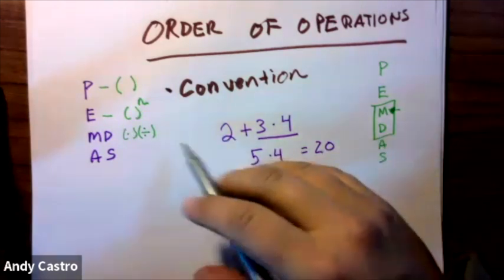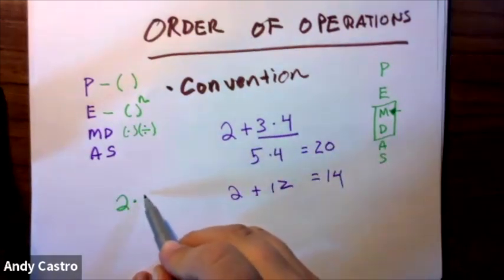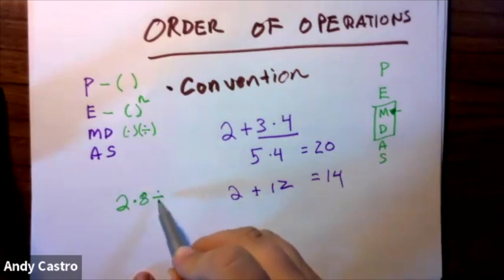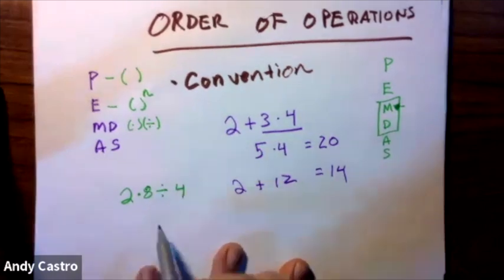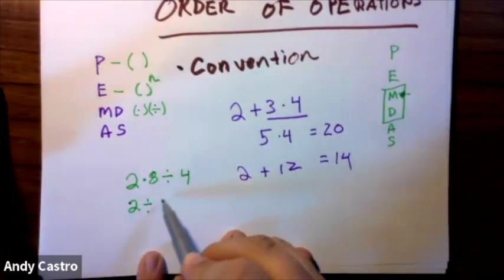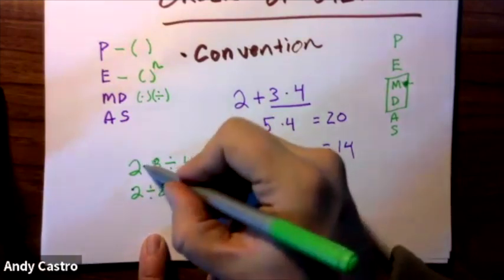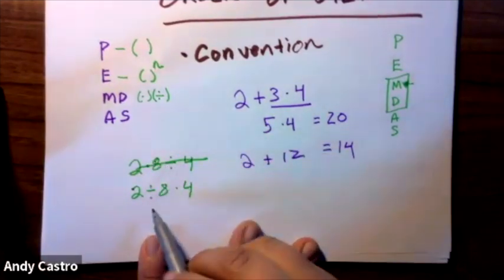If you have multiplication first, then division, that's easy.